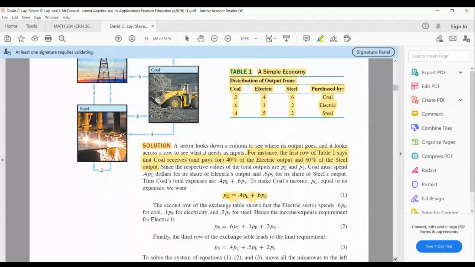Similarly, if you look at electric, for equilibrium in this economic system to be true, the income for electric would have to equal 60% of the expenses for coal, 10% times the expenses for electric, because electric uses electric, and 20% times the expense for steel.